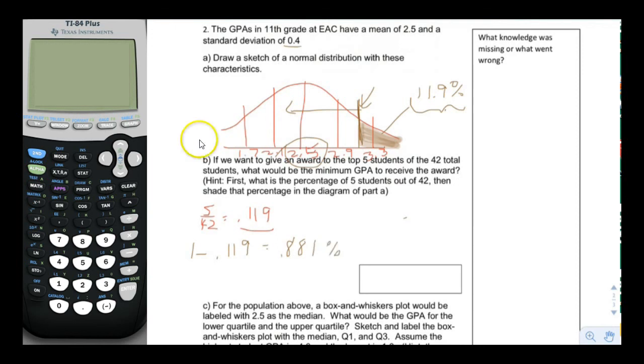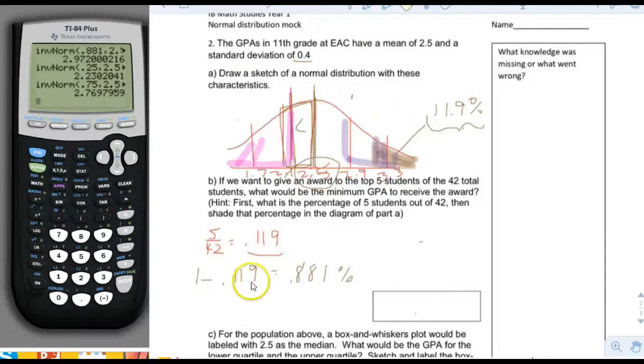Okay, so let's give the calculator that, and the function is called inverse normal. So we put in second dist, and we choose inverse normal, which is option 3, and we put in for the area to the left 0.881. Oops, it's not 0.881%, it's just 0.881.